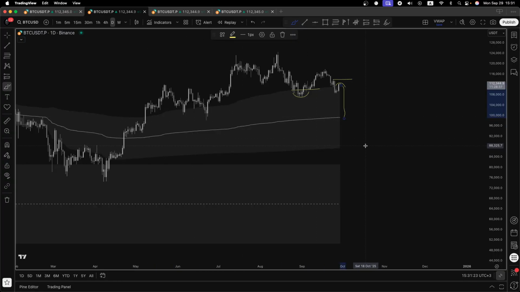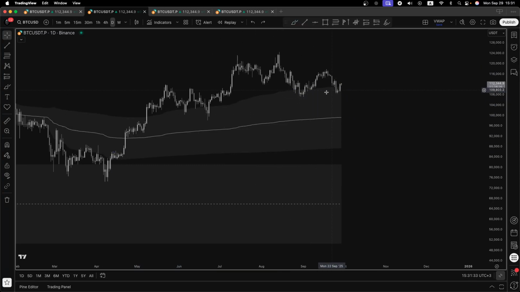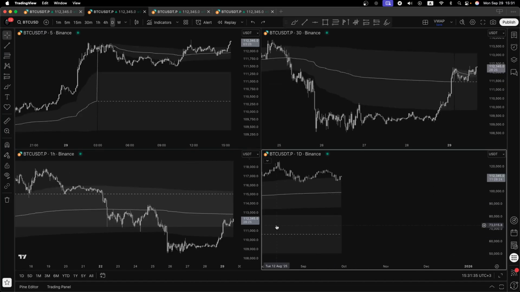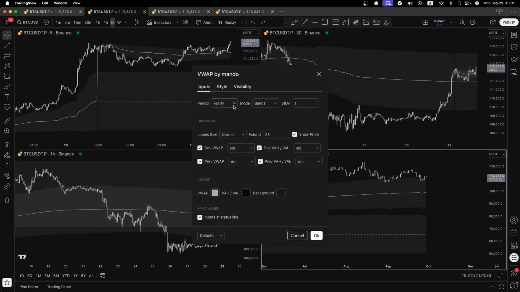Which aligns with our 90k level of interest right here, right? So that's a quick look into the yearly. Let's go into quarterly.